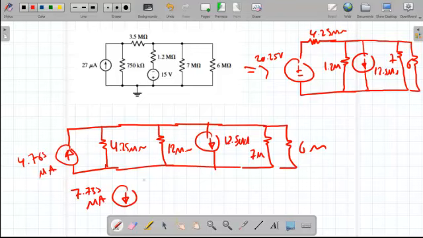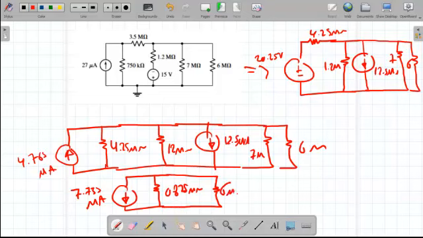7.735 micro. Then this in parallel with 0.825 mega ohm, and we have here our 6 mega ohm.